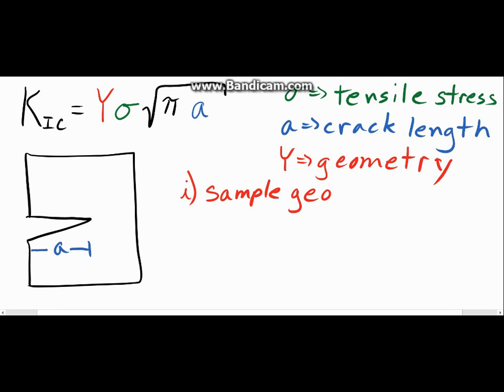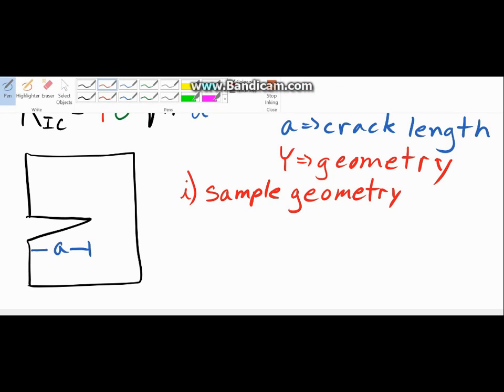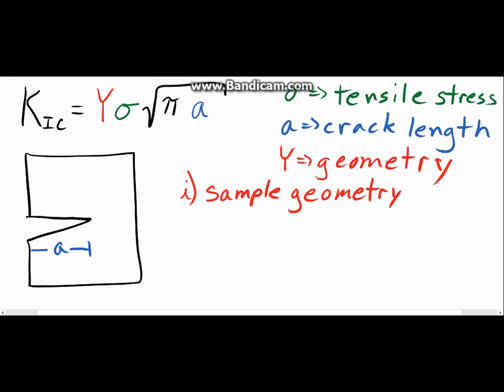And what that means is the shape of that sample. So whether or not you have a sample with square sides, or you have a sample that looks kind of wonky, and how this crack and the loads are associated with the shape of the sample.